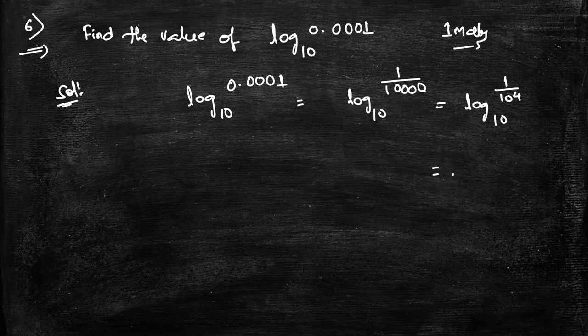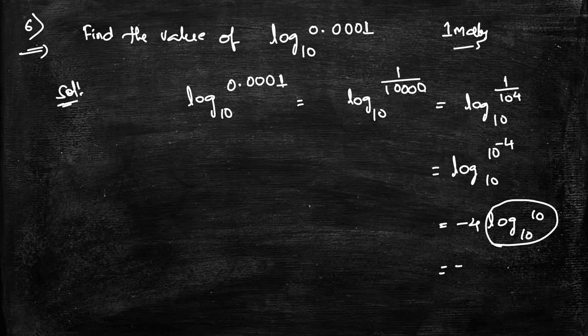Now I will write this as log of base 10 power of minus 4. So here minus 4 will come to the front of the log, and it will become minus 4 log base 10. So this will become 1, and minus 4 into 1 is equal to minus 4 will come here as the answer. So this answer is equal to minus 4 here.